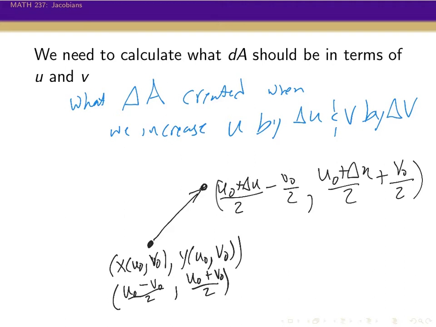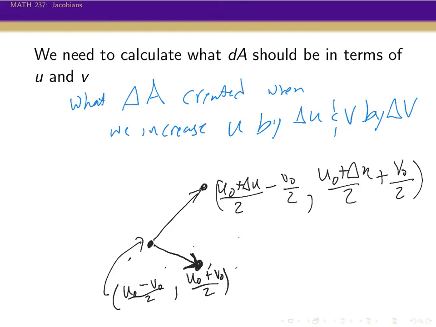And then what happens if we increase v by delta v? Okay, let's make some space to draw this because this is going to be going down. So let's draw it. This is talking about this point. We're going down to this point right here. And so this point is what we get when we change the v's.